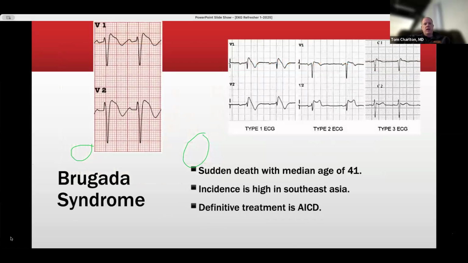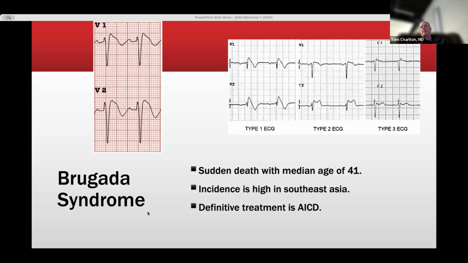All right, Brugada syndrome. Let me get rid of these drawings. Brugada syndrome was first described way back in the 50s and 60s. This type of syndrome is so prevalent throughout Southeast Asia that most of the languages down there have a single word that essentially means young man found dead in bed.